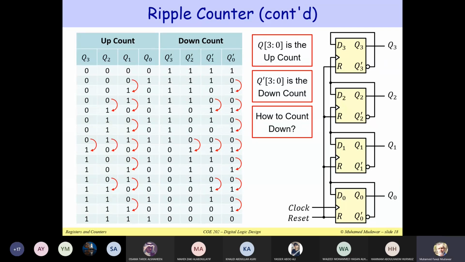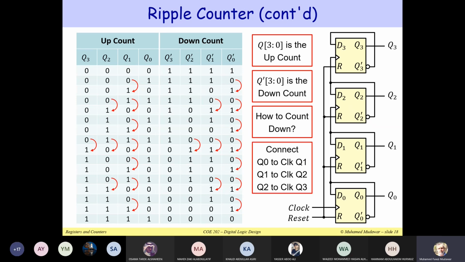I can reverse them. I can decrement Q and increment Q prime if I want to. If I would like to count down, I can decrement Q and increment Q prime. The way to do it is to simply change the wiring. So rather than connecting Q0 prime here to the clock, why not connect Q0 here?